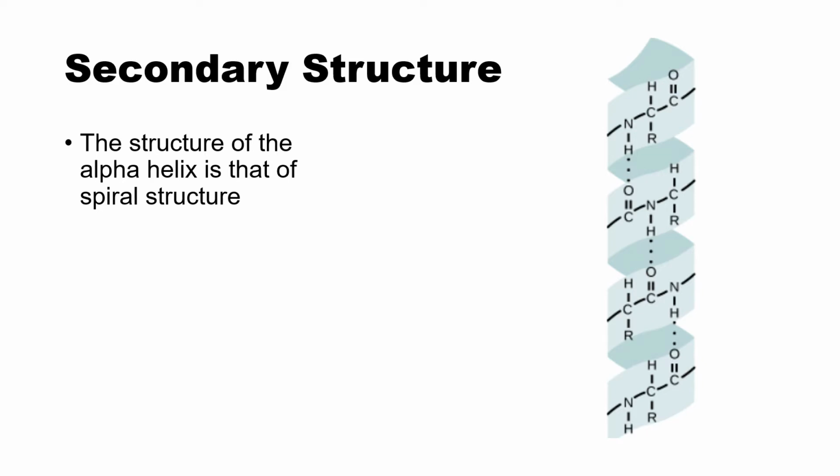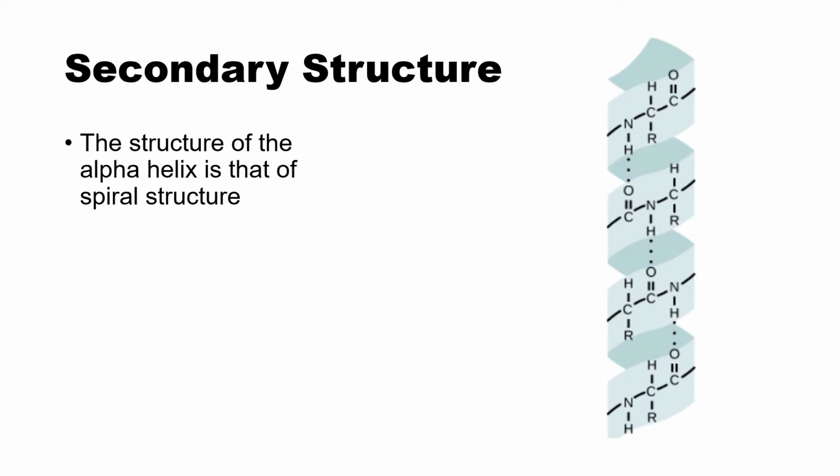Yung structure ng alpha helix, it is parang a spiral structure. In the alpha helix, yung CO, yung carbonyl group of the amino acid, is hydrogen bonded, as I've said.